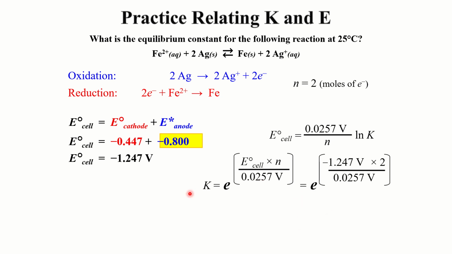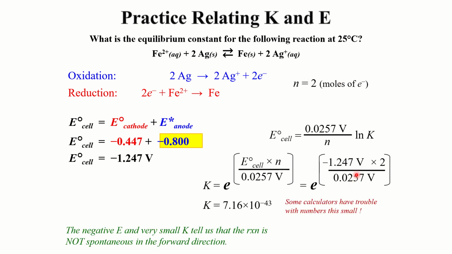I can plug my values in, so negative 1.247 volts times the N value of 2 divided by 0.0257 volts. And we get a K value of 7.16 times 10 to the negative 43rd, an incredibly small K value.